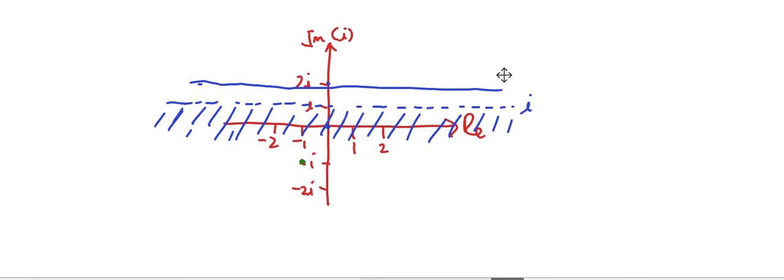Half pi is a right angle, so from there we draw a dotted line. That's half pi, and then quarter pi should be somewhere this way.